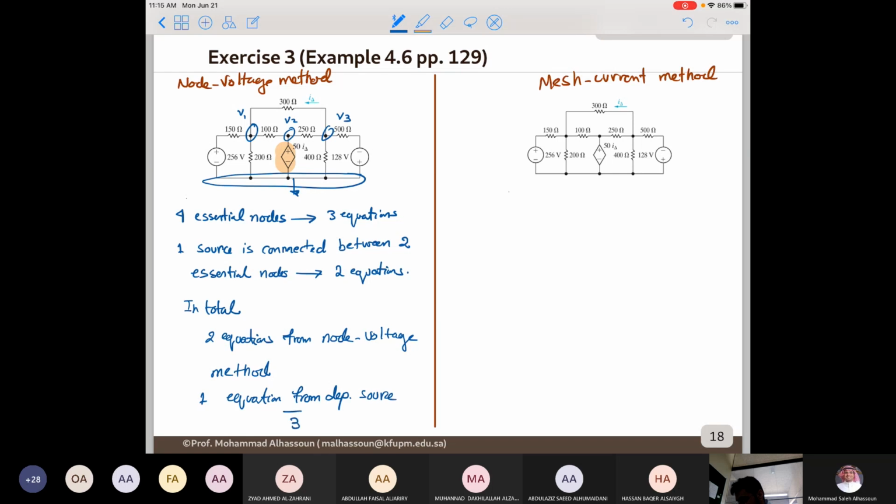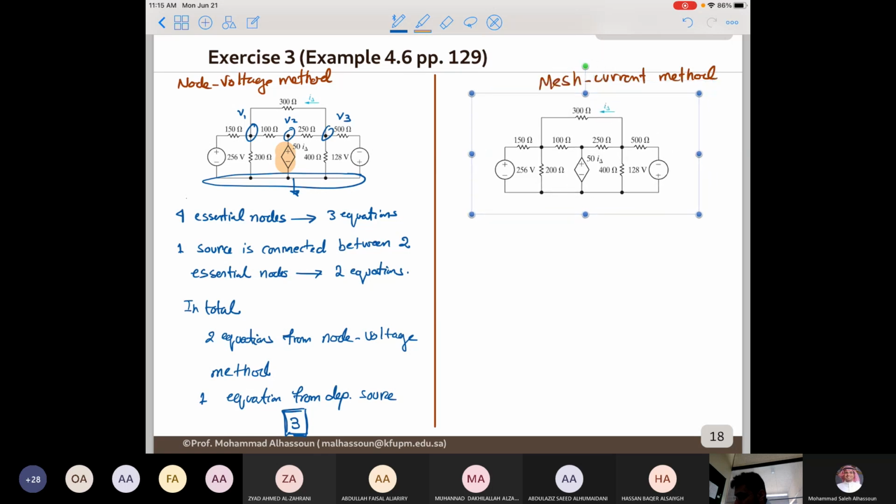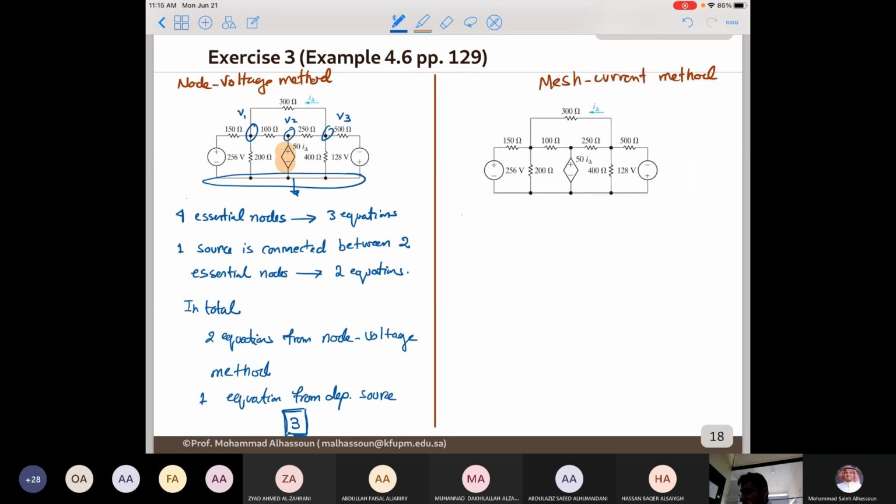So in total, I have 3 equations and 3 unknowns. Okay, this is what happens when we apply the node voltage method. Now let's see what's going on when we apply the mesh current method.